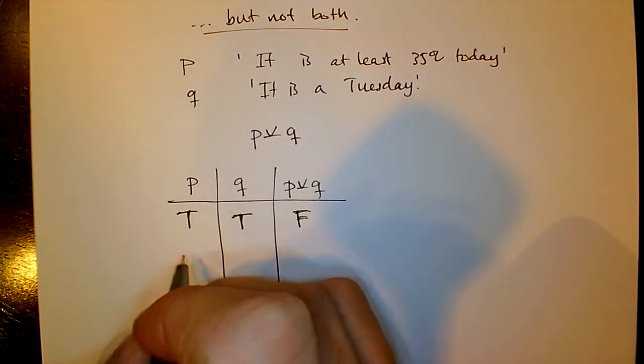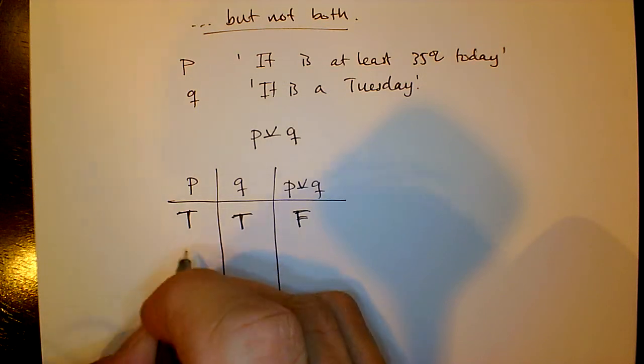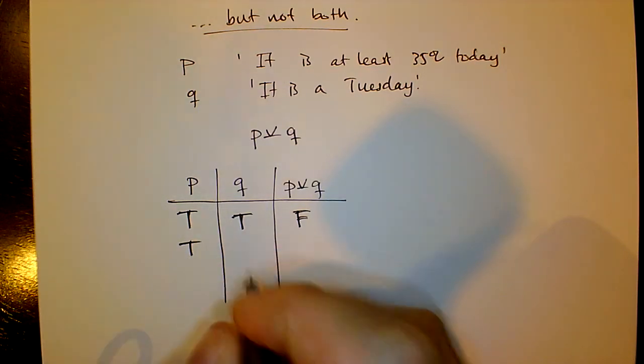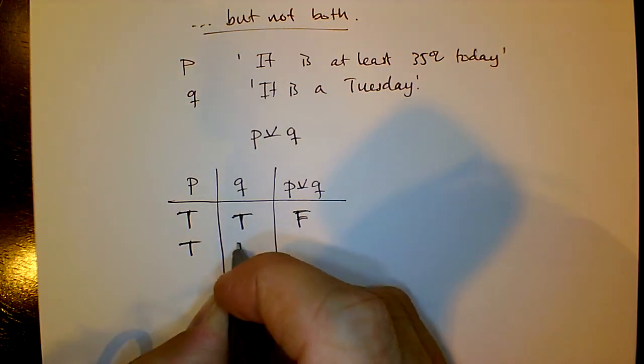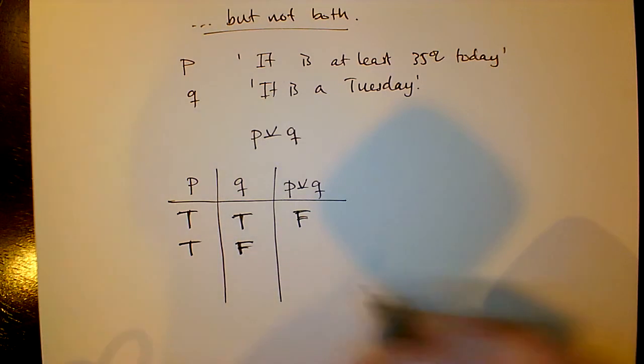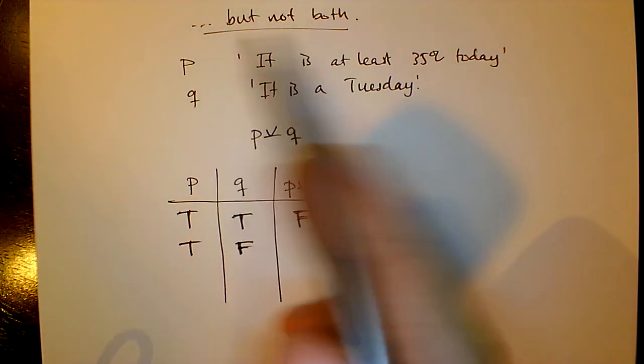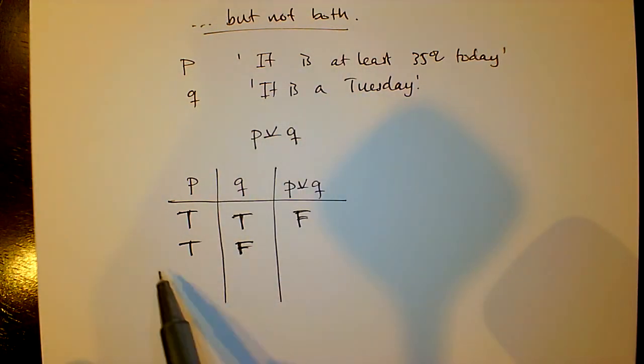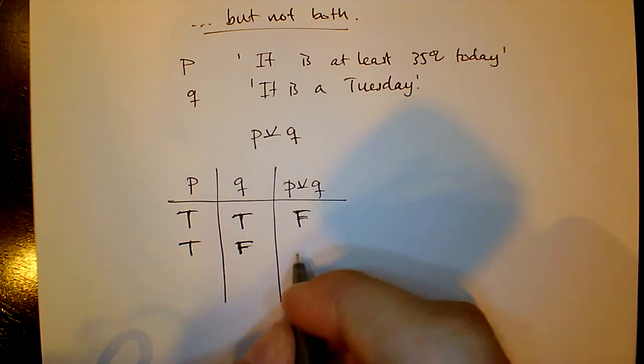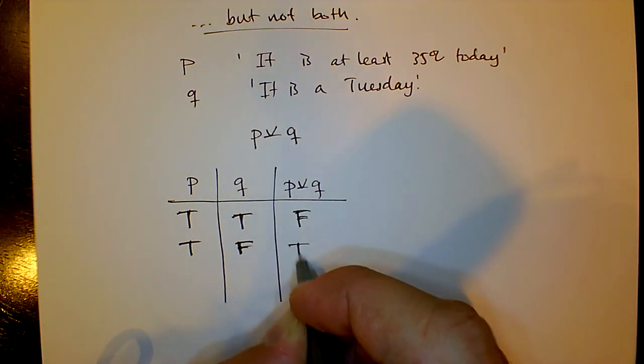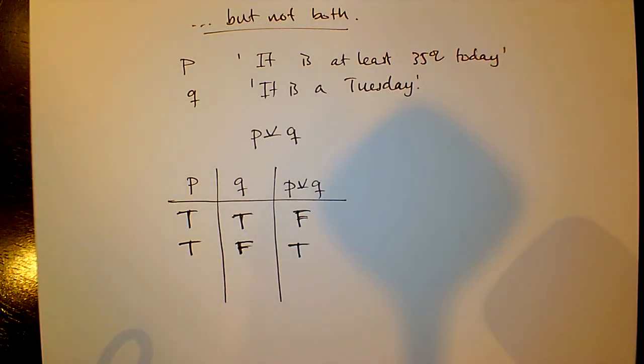Okay, let's then look at the scenario where it is at least 35 degrees Celsius today, but it is not a Tuesday, so not a Tuesday. Well, in that case, it's not both, it's just one of them that is true. So therefore, the exclusive disjunction must be true as well.